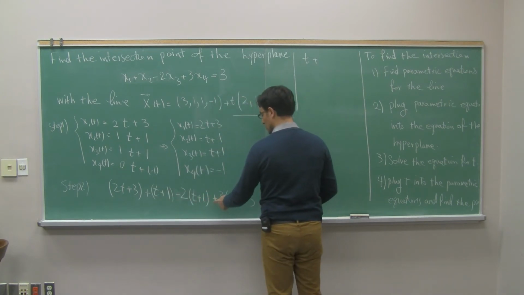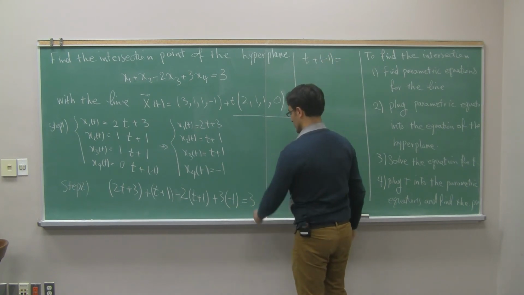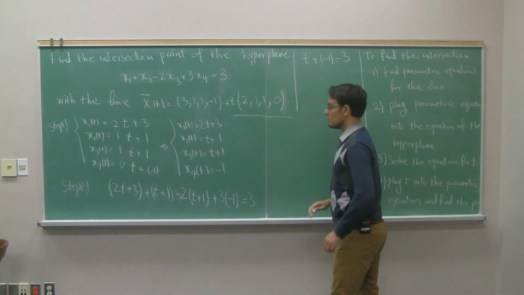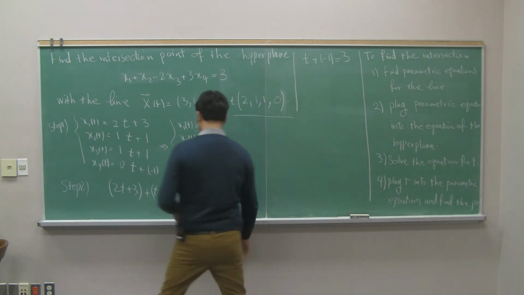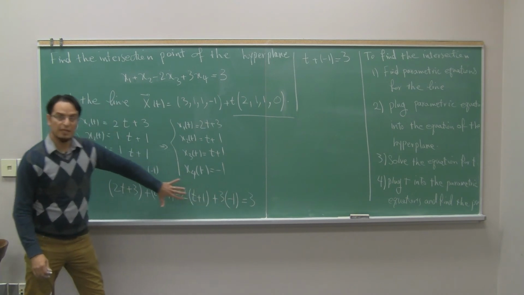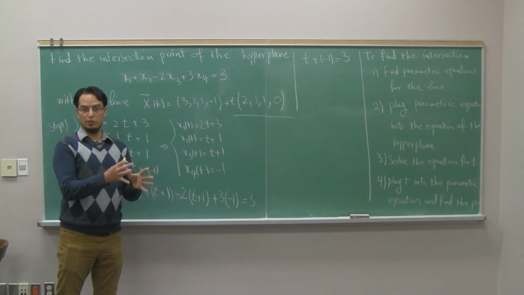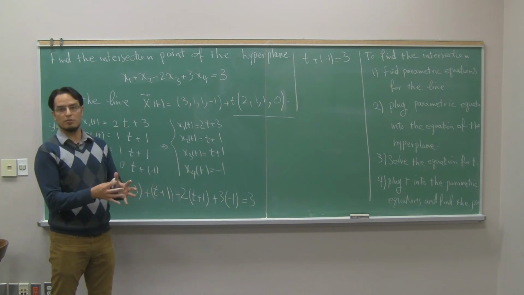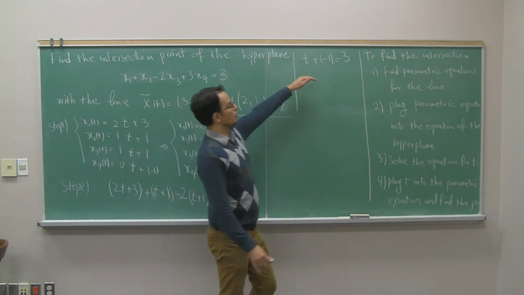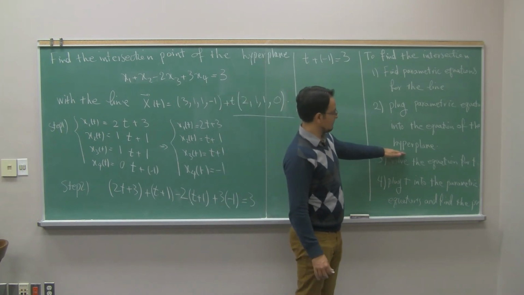So 2 minus 1 is negative 1, is equal to 3. Again, I did a bit quick here, but what you need, just expand everything here, write all the coefficients of t together, write all the constants together, and you will get an equation for t. I'm done with step 2.